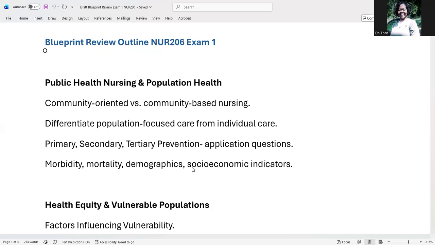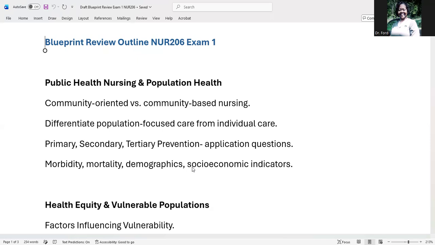We may even give a two-step. While we're giving that TB skin test, we're trying to determine if this person has been exposed to the tuberculosis bacteria. So that intradermal procedure, and then coming back to follow up and assessing the area however many days later, that is screening. Okay.